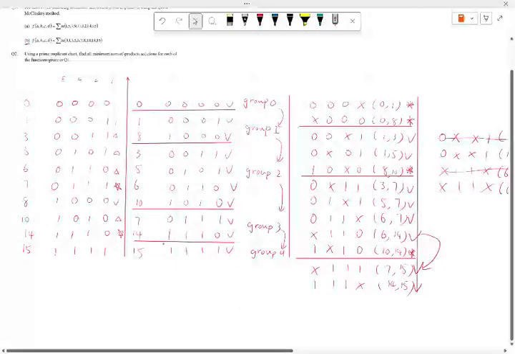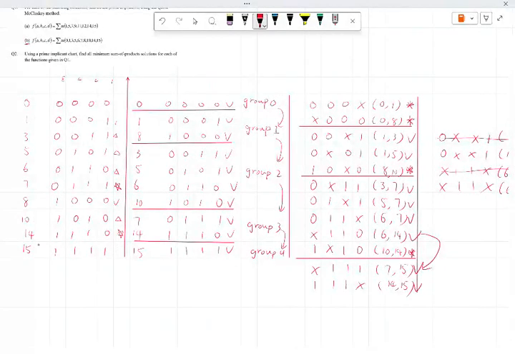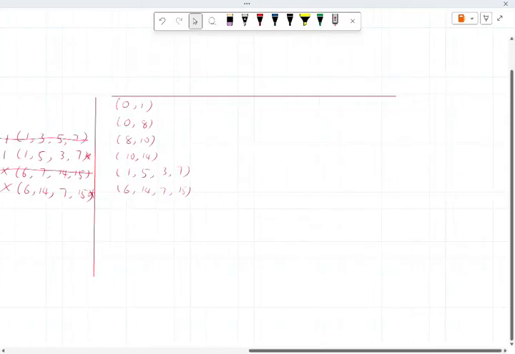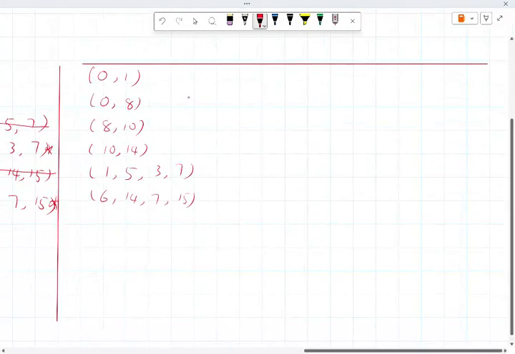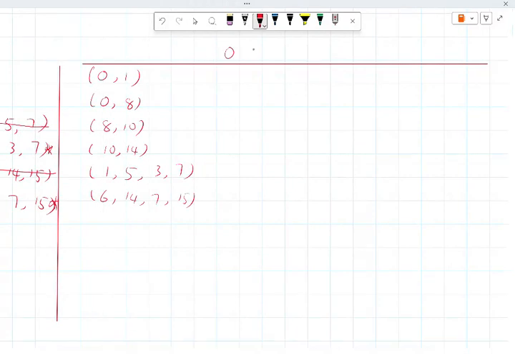All the numbers here I'm gonna bring back. Okay, so let me enlarge it. I have notes here: 0, 1, 3, 5, 6, 7, 8, 10, 14, 15, and I will draw a line here.